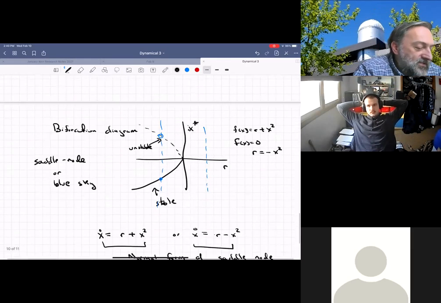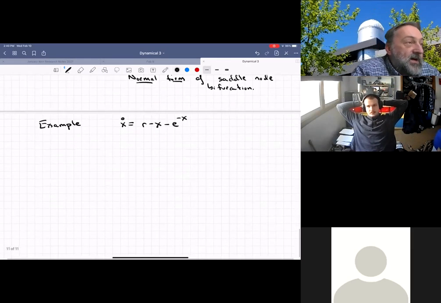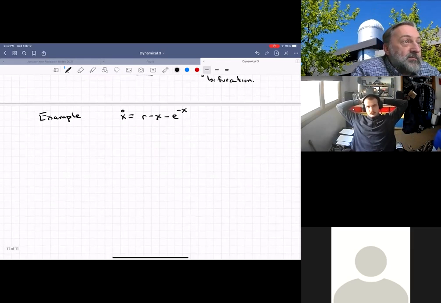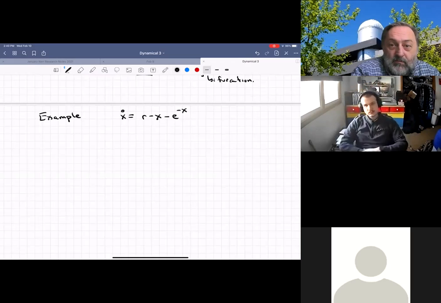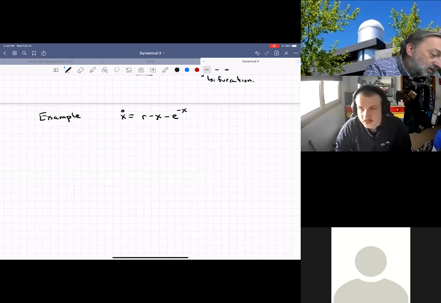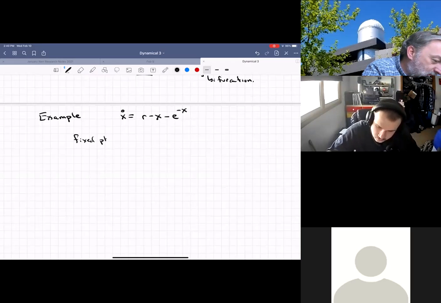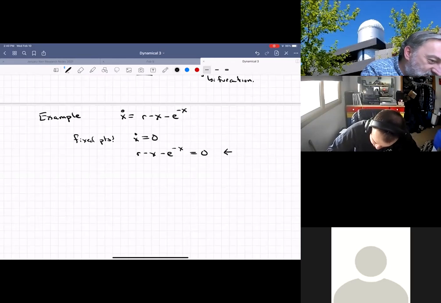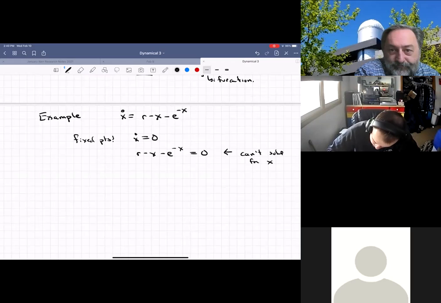So now let's look at this system: x dot is r minus x minus e to the negative x. Let's try to find the fixed points. That means x dot is 0, so r minus x minus e to the minus x has got to be equal to 0. Now that's transcendental. We can't solve that for x.